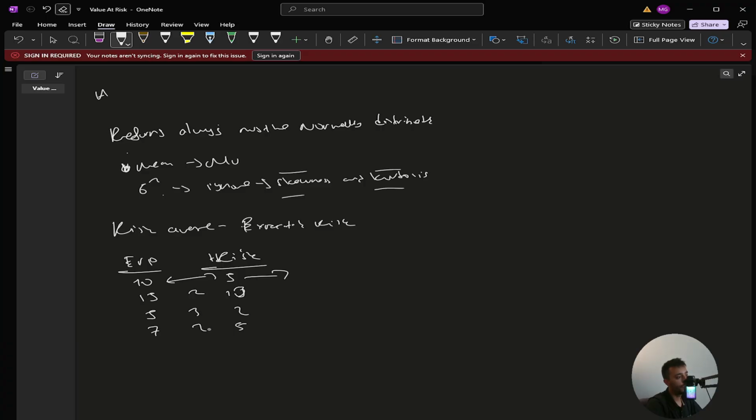We have low risk and high return. Actually, this is not easy to find in the market, and it is not always possible. But I just want to show you the relationship between expected return and risk.